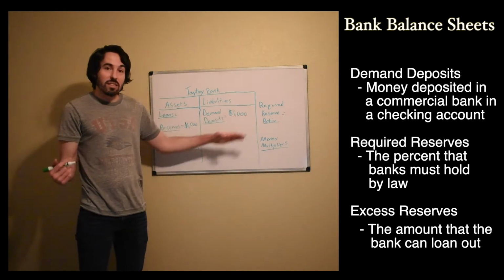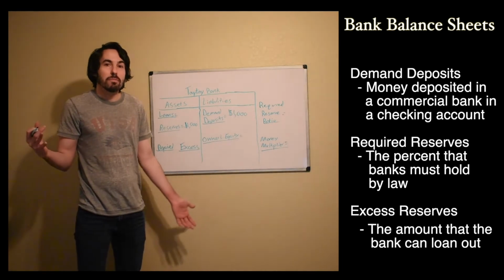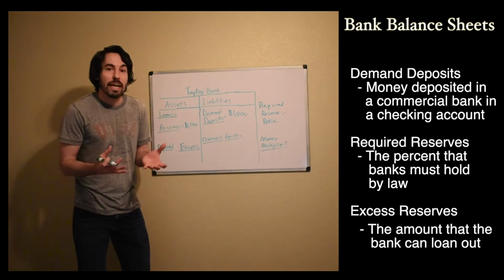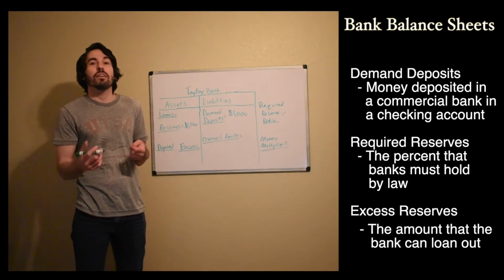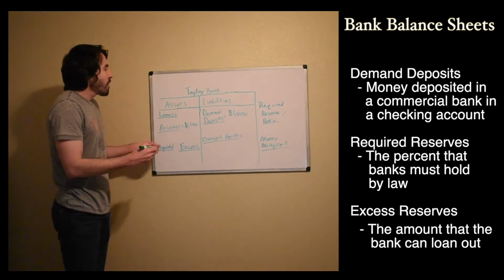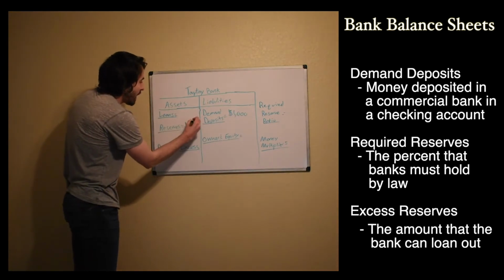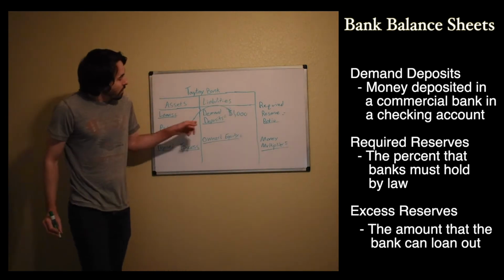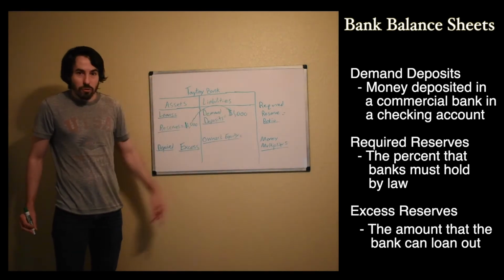They're a liability in the sense that I have to pay them back to whoever actually owns the money. They're an asset because I can now turn around and loan that money out to other people in order to make money off the interest that they would have to pay me back for borrowing from me. So the money in the reserves has to come from the demand deposits.